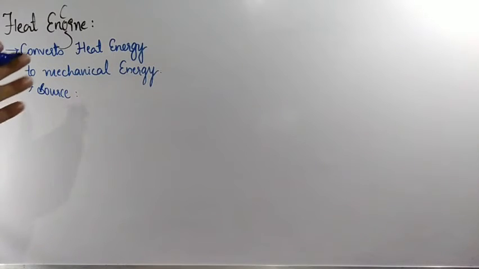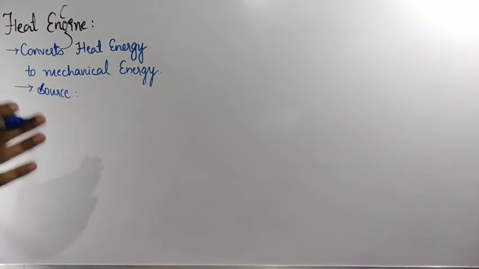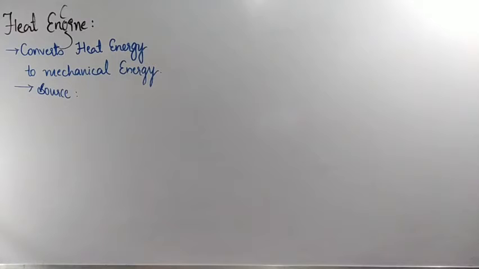Source is a place where you are going to get an excess amount of heat energy. Imagine you want to read a very good book, so you approach a library, where a large number of books are there. If you take one book from that library, it doesn't affect the library.